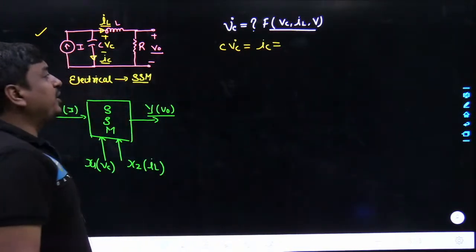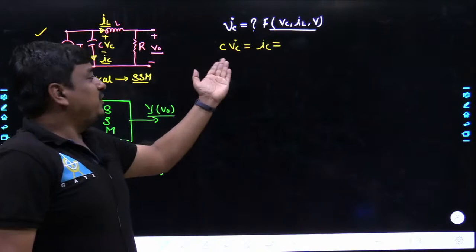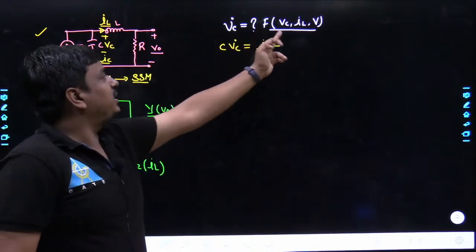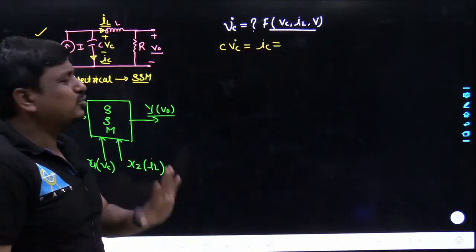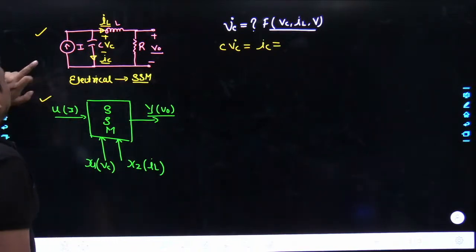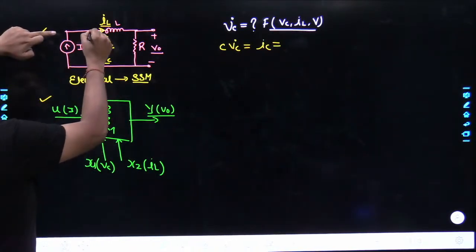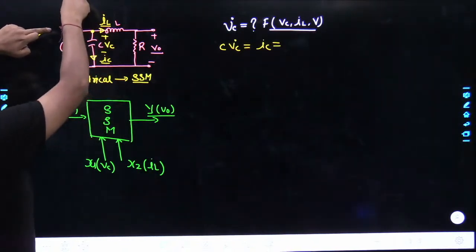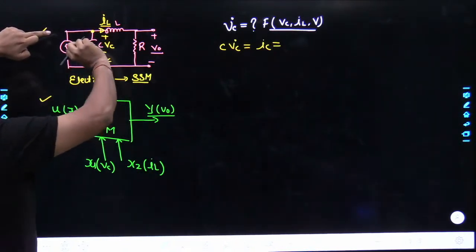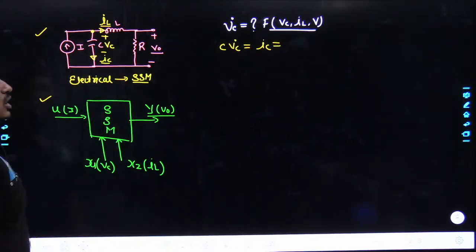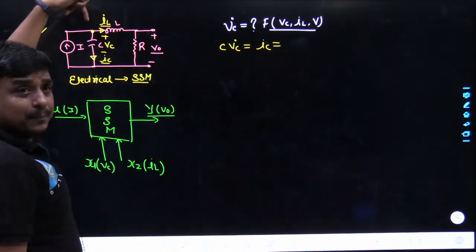But I am not free to write C Vc dot in terms of IC. I should write it in terms of Vc, IL and V. That's possible. See how. The current I is coming into this node. The current IC is leaving this node, and similarly current IL is leaving this node. So at this node you can apply the KCL.